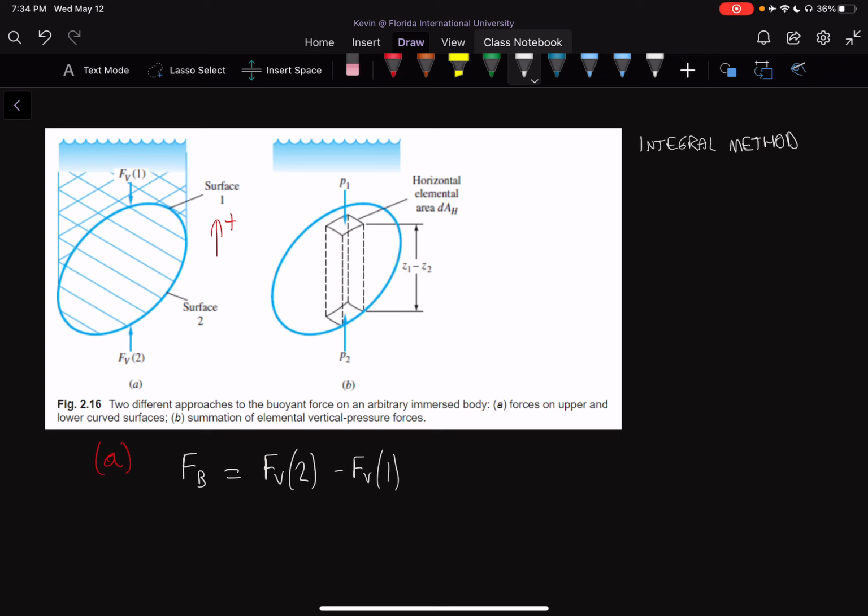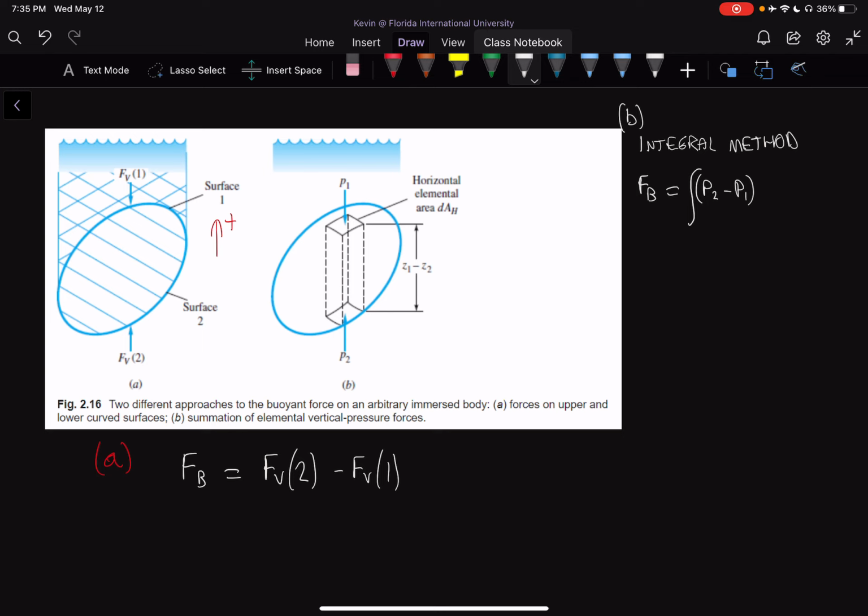Now, the integral method of looking at this is to take a horizontal element with an area dA height, and say, all right, this would be part B. So the integral method is to say FB is equal to the integral of P2 minus P1.